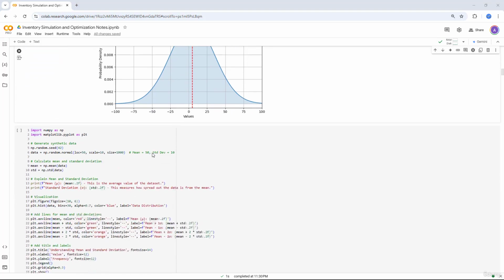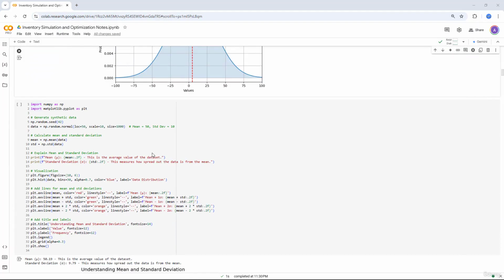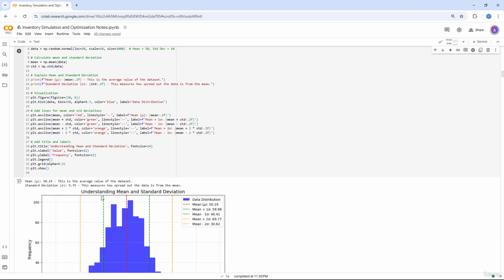Now just coming back to the code, you can see that I have used NumPy as well as matplotlib.pyplot to basically plot the chart. And we would be using this np.random.normal function throughout the course to generate normal distributions.